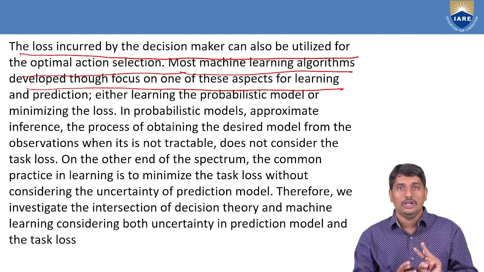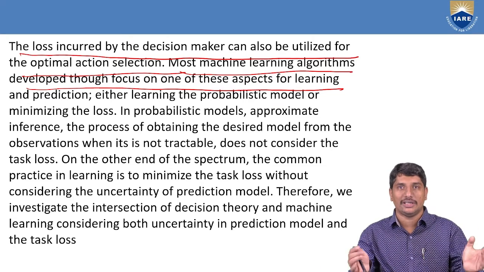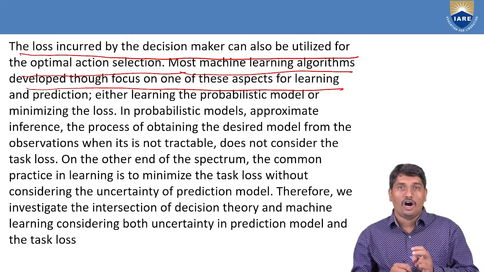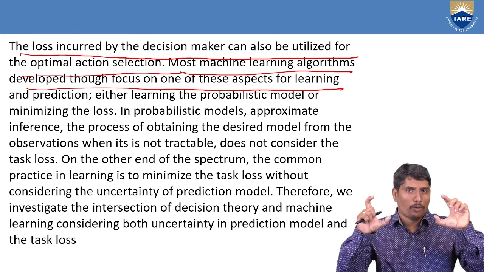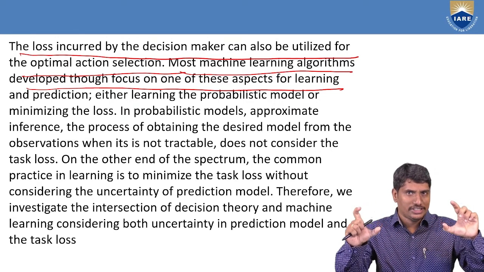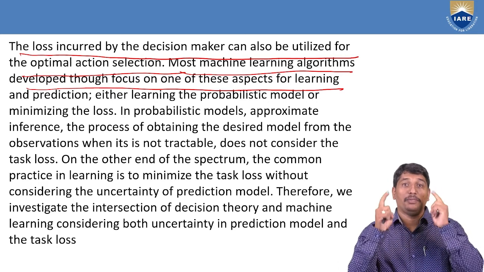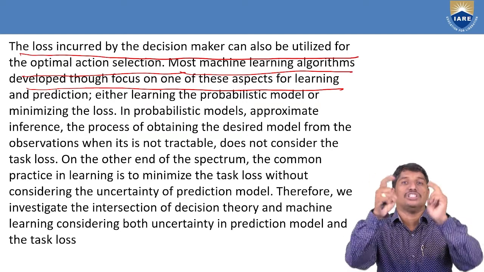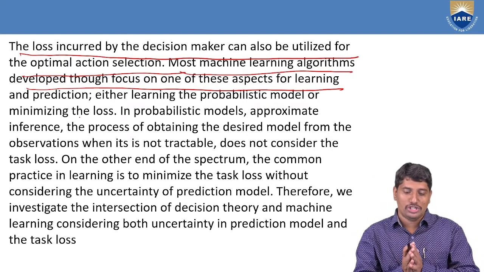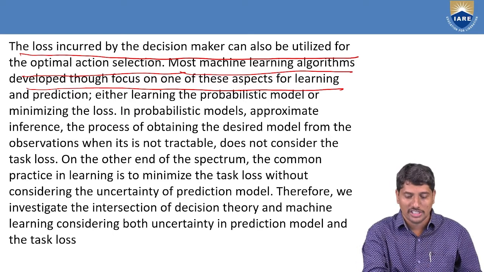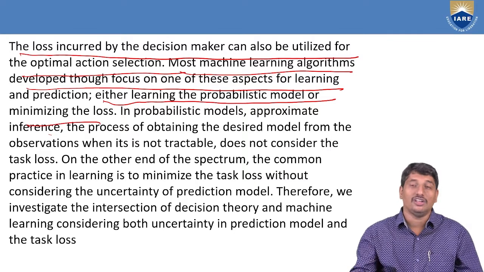One is that we have to minimize the loss of information while reducing the dimensions, or we should fit a correct probabilistic distribution model to the uncertainty in the data analysis so that it makes us predict future results correctly. So these are the two things we mostly focus on in developing machine learning algorithms: either learning the probabilistic model or minimizing the loss.